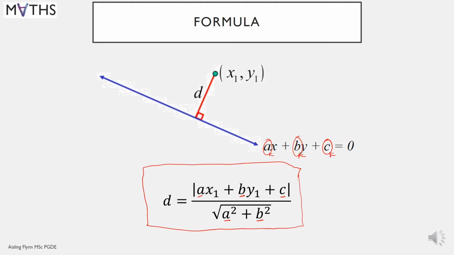And the coordinates of the point you're given is x1 and y1, and you see those here in the formula: x1 and y1. Okay, and it gives the perpendicular distance d. Perpendicular is when you draw a line that meets from your given point that meets the blue line at 90 degrees. Okay, so let's put that formula to practice.